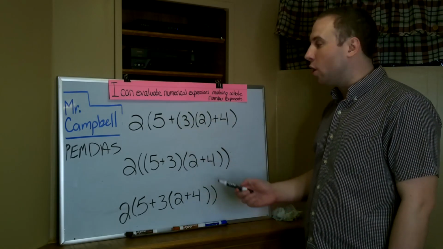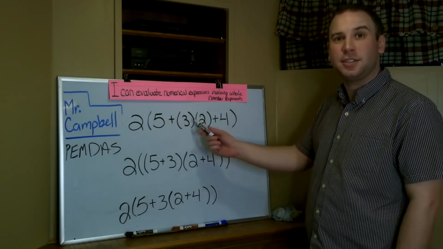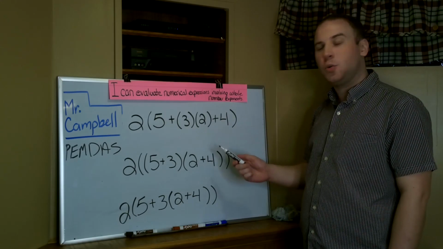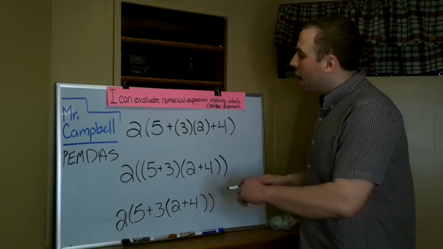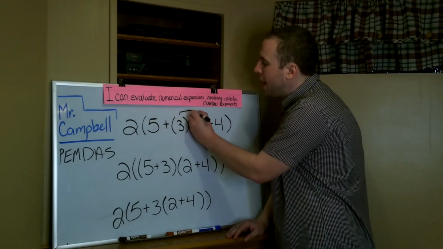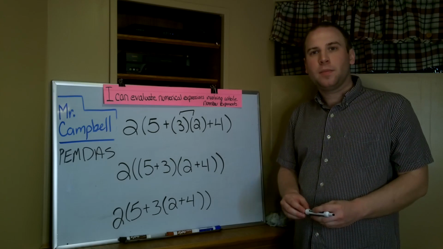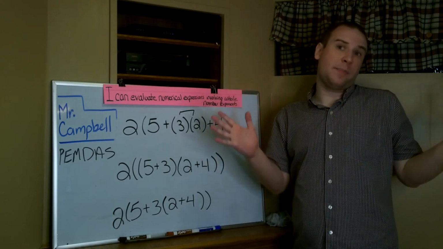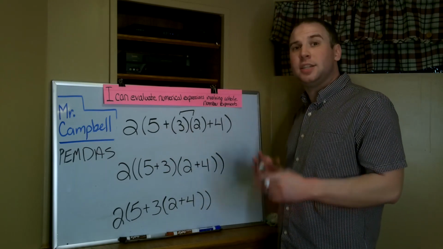Looking at my first one, I have 2 parentheses, 5 plus parentheses 3, parentheses 2, plus 4, close parentheses. Now, as we talked about before, when we have a parentheses that is next to each other, that means multiplication. So when doing order of operations, you have to do parentheses first.